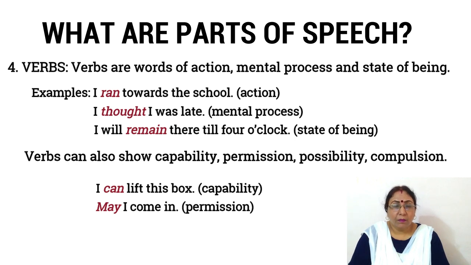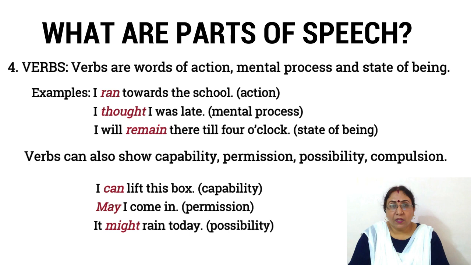So it shows permission. If we say it might rain today, so we are not sure about a thing that is going to happen. It is only a possibility. So might is a modal verb showing possibility.